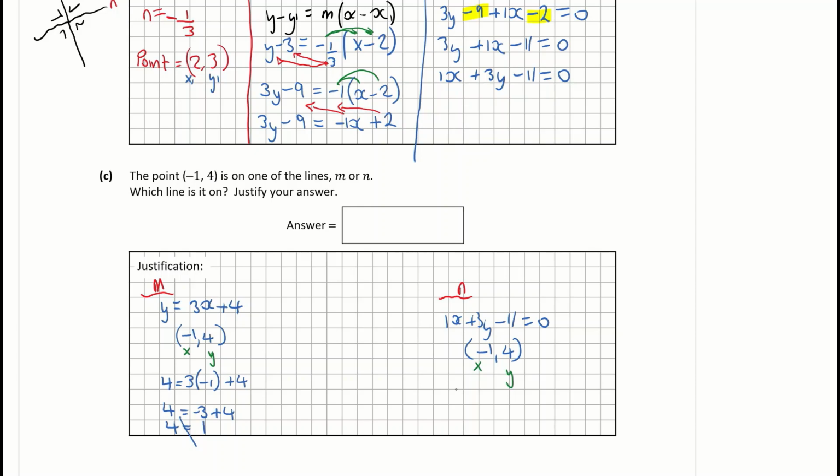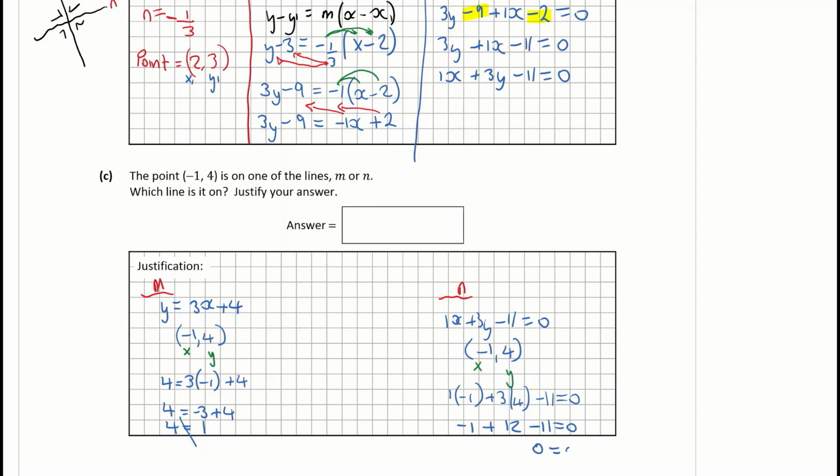Let's check now with n and see does it sit on it. So subbing in minus 1 for x, subbing in 4 for y. Let's see, does this equal to 0? So 1 times minus 1 is minus 1. 3 times 4 is 12, minus 11 is equal to 0. Minus 1 minus 11 is minus 12, and minus 12 plus 12 is 0.